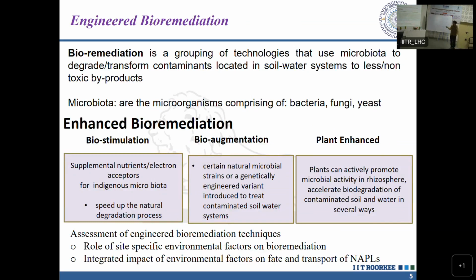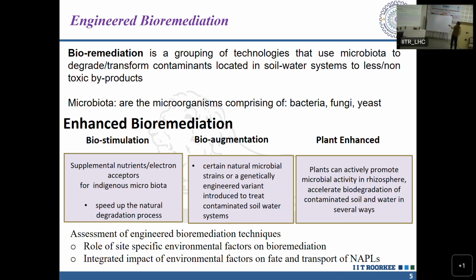So this is a grouping of technologies that uses the natural microbiota to degrade or transform the contaminants which are located in the soil system into less toxic or non-toxic bioproducts. So pollutants are there and we are using the microorganisms present in the soil water system, groundwater system, to convert them into less toxic or non-toxic bioproducts.